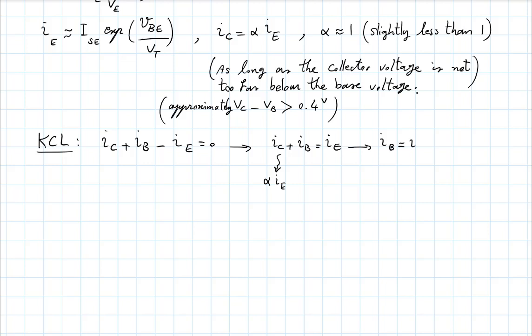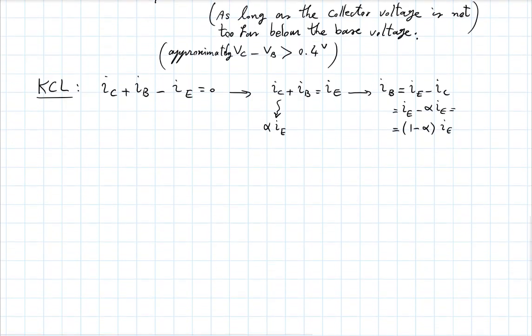IB is IE minus IC, which is IE minus alpha IE. So you can write it like this, 1 minus alpha times IE. Equivalently, you can also write it like this.